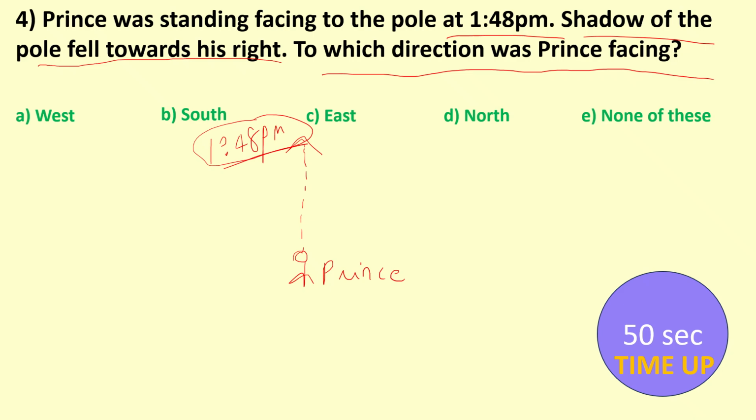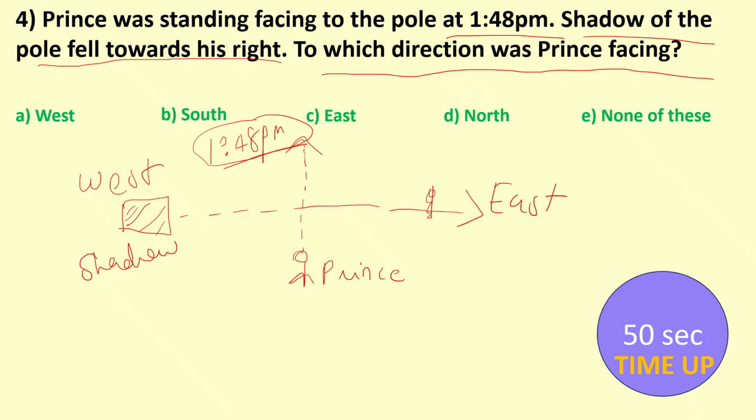His right side is where the shadow is falling, correct? So 1:48 p.m. means the shadow will fall at the west. This is the shadow. So opposite of that will be east, correct?